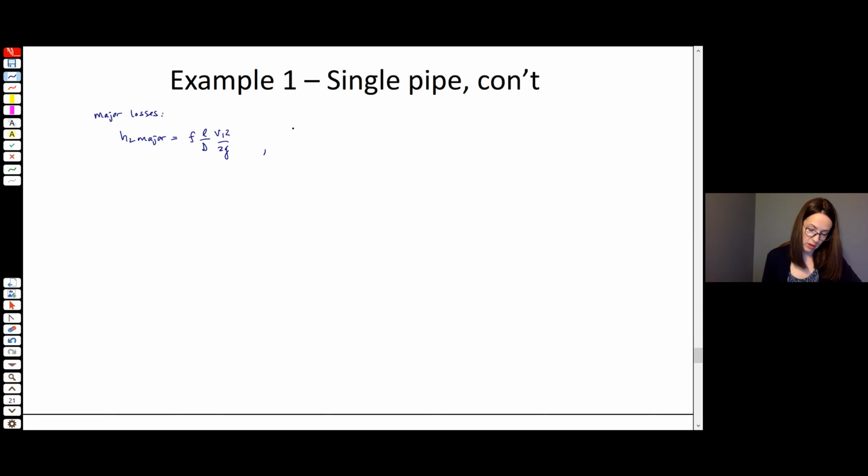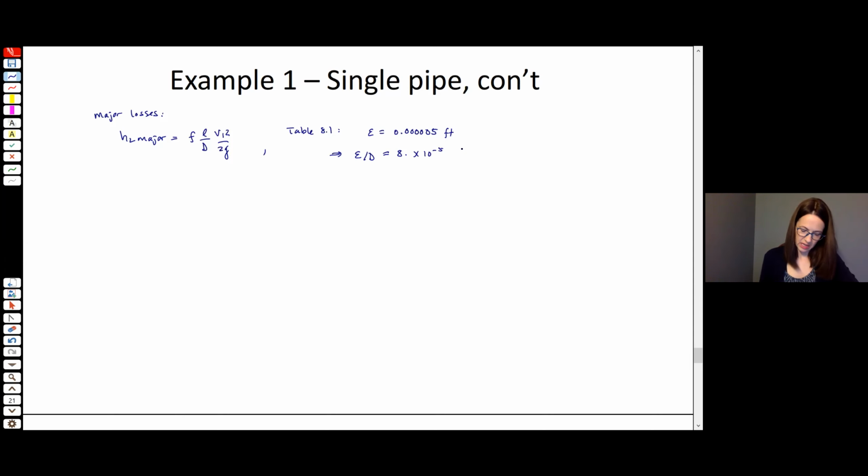So from table 8.1, for the drawn tubing, our epsilon is equal to 0.000005 feet. So that gives us a relative roughness, epsilon over the diameter of our pipe, of 8 times 10 to the minus 5 with no units, right? Because we're dividing feet by feet.